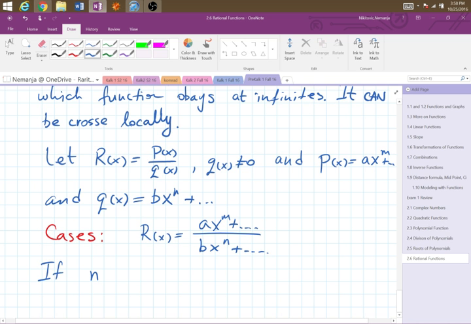Okay, so if n is larger than m, so the degree of the leading term in the denominator is larger than the degree of the leading term in the numerator, the horizontal asymptote is at y equals 0.